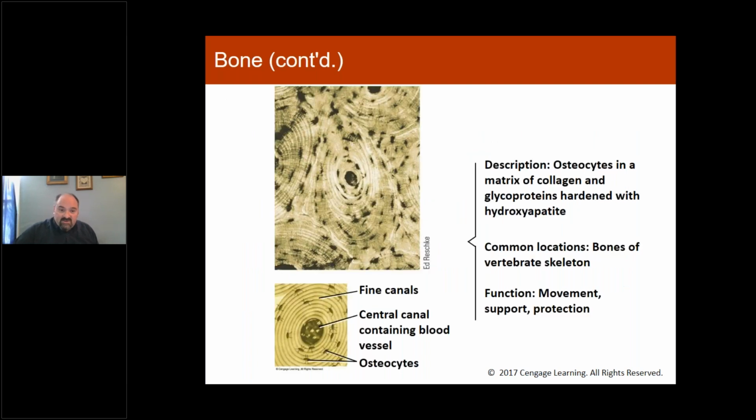Here we can see, it's kind of cool when you're looking at these kinds of slides in the lab, it looks almost like a tree trunk that you've cut, and you can see the rings of the tree. Similarly, we have these concentric layers of bone, and there's this central canal, an opening, and the lumen of that canal contains blood vessels as well as lymph and nerve.